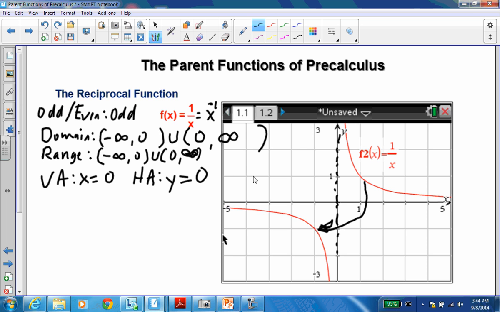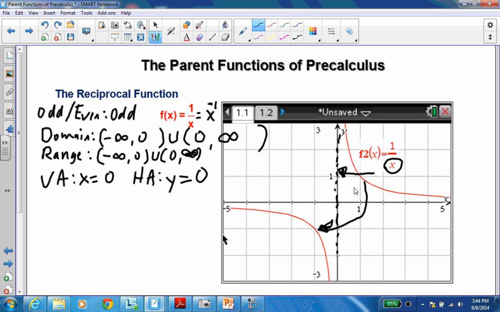Okay, Kiera, here's where we go. If you have a vertical asymptote, and we approach 0 from the left, what does the value of the function go toward? If we have 1 over x, if we divide 1 by 1, what do we get? 1.